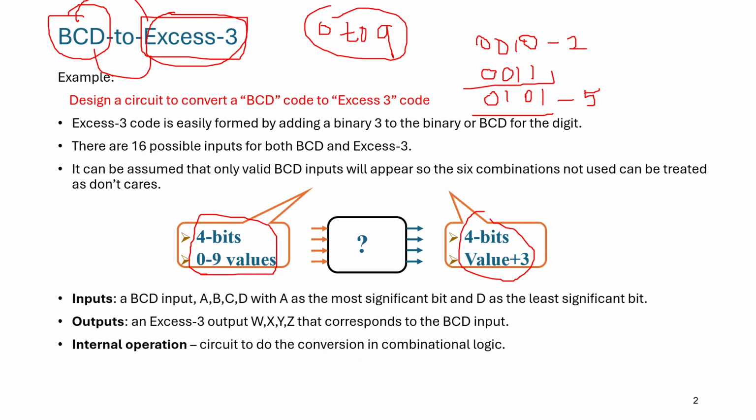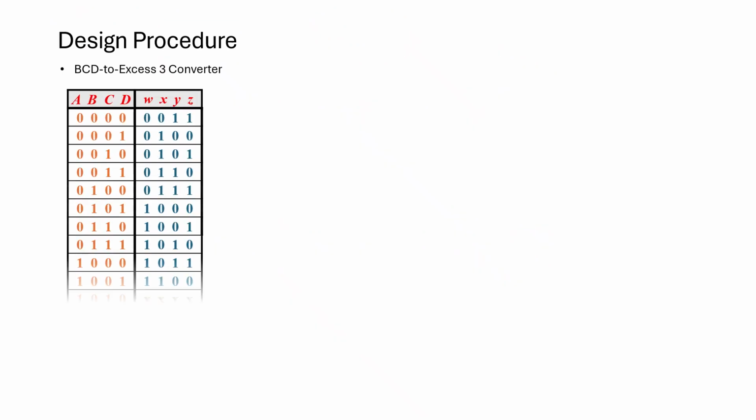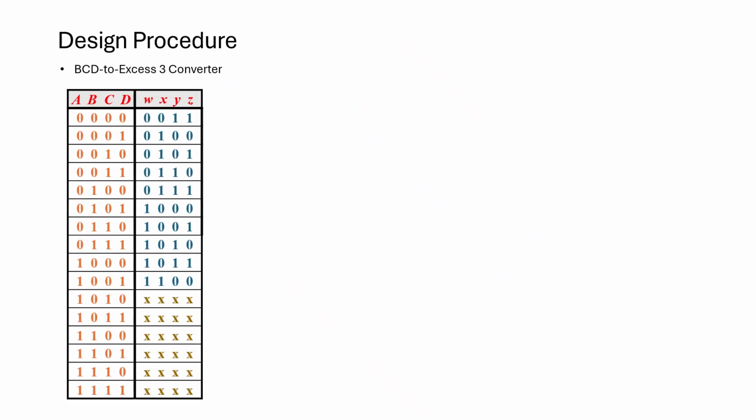Here we first perform a 4-bit BCD to XS3 code conversion. The first step: for the 4-bit number, we take variables. For the BCD input, I am taking the variable names ABCD. For the XS3 code output, I am taking the variables WXYZ.